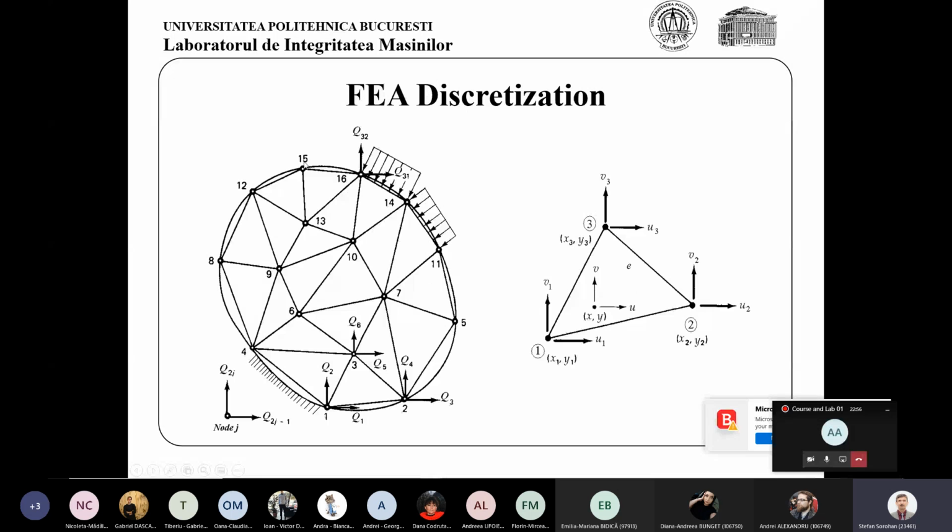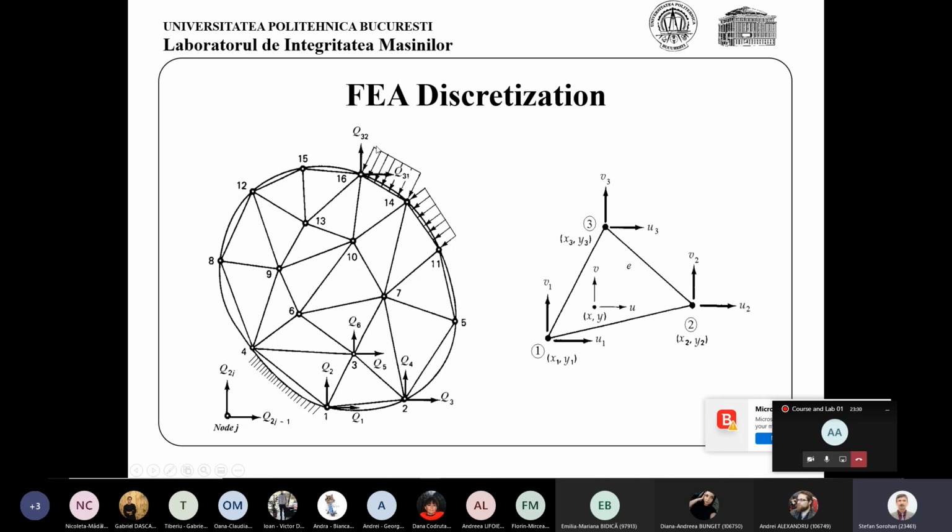After that, usually after the assembling process, as you can see, we have many degrees of freedom. And as you can see here, we have some identification numbers for nodes. Node 1, node 2, 3, 4, 5, and so on. The last one may be 16 here. That means 16 times 2, 32 degrees of freedom.